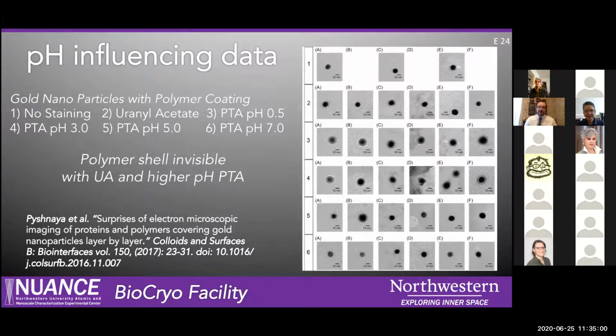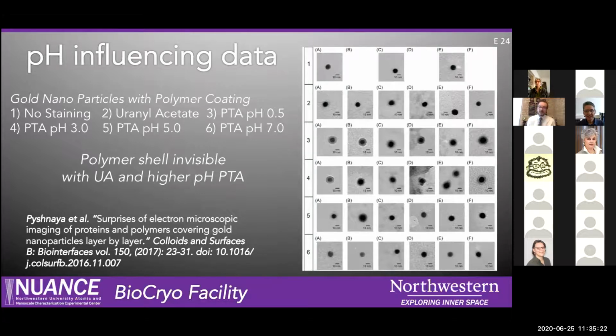In this paper, they took a look at gold nanoparticles that were coated with a polymer shell. In one, we can see there's no staining. In row 2, they used the traditional uranyl acetate, and you really don't see anything. It wasn't until they switched to phosphotungstic acid at a very low pH that they actually got the structure they were looking for.